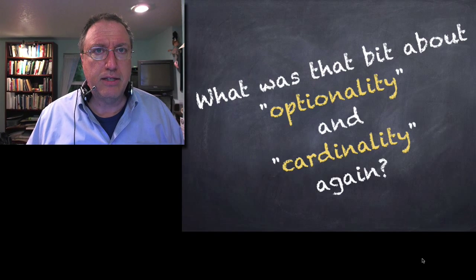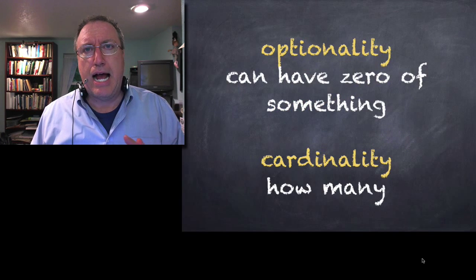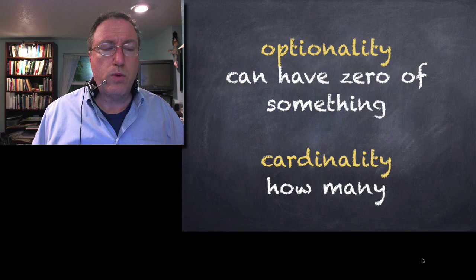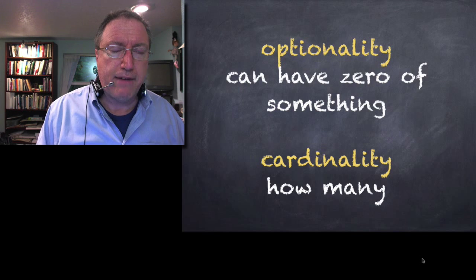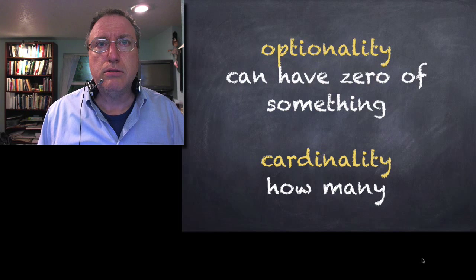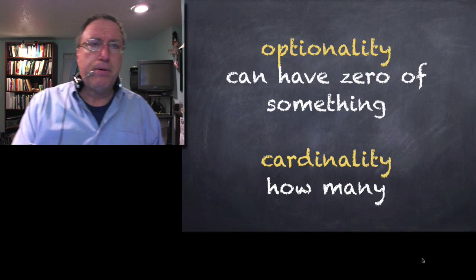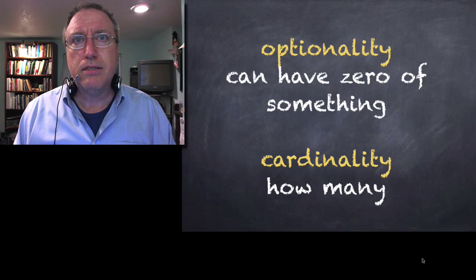Okay, so I said we were going to deal with the optionality and the cardinality thing, so let's go back and take a look at that. What is that stuff? Well, simply, optionality refers to whether something is optional or not. Do I have to have it? Or is it optional? If I say a person has 0 houses, that means, well, they don't have a house.